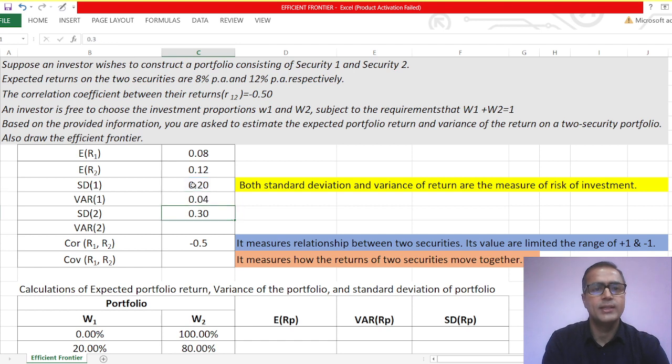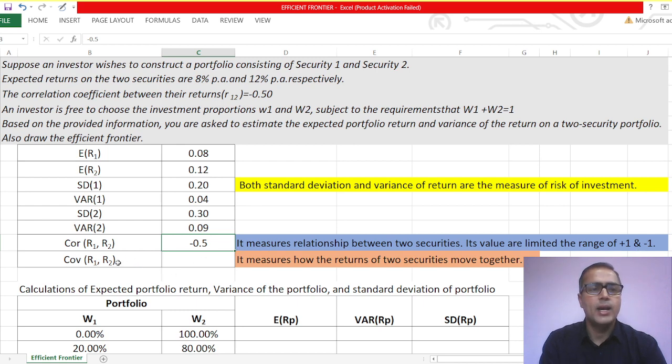Similarly, we have the standard deviation of security 2, and its square is called the variance. Now the correlation coefficient measures the relationship between the two securities, and its value lies between +1 and -1, we all know that.